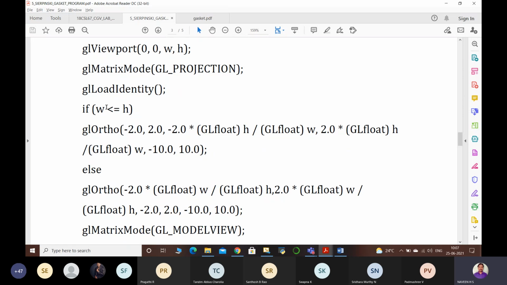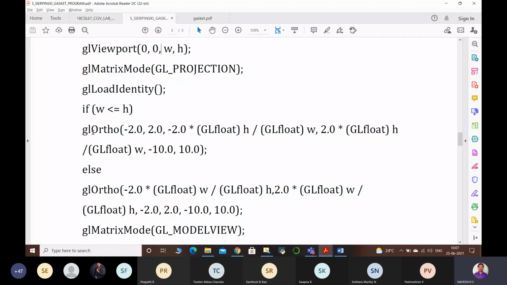So there are two cases: if w is less than or equal to h, this one, otherwise it goes to the else part. These values are just glOrtho. In my previous program we used glOrtho2D, but here the word 2D is missing, because this is a three-dimensional space.